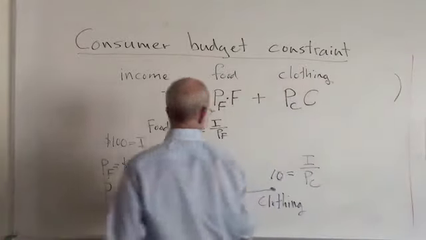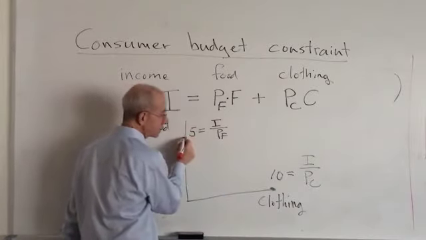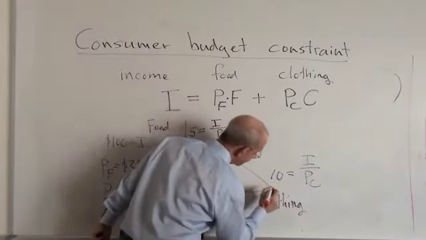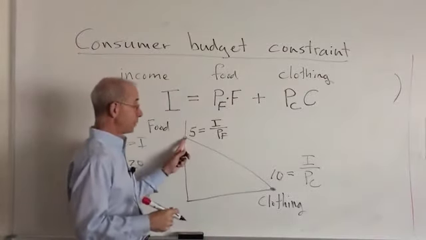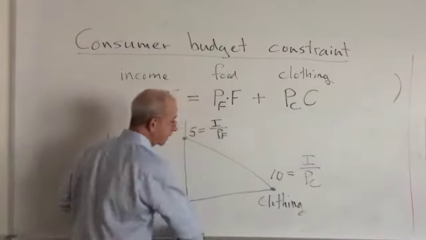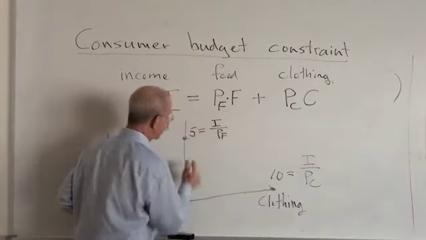Now, the budget constraint is when you connect these two dots. I don't have to only buy food. I don't have to only buy clothing. And let me make that a little bit of a straighter line.